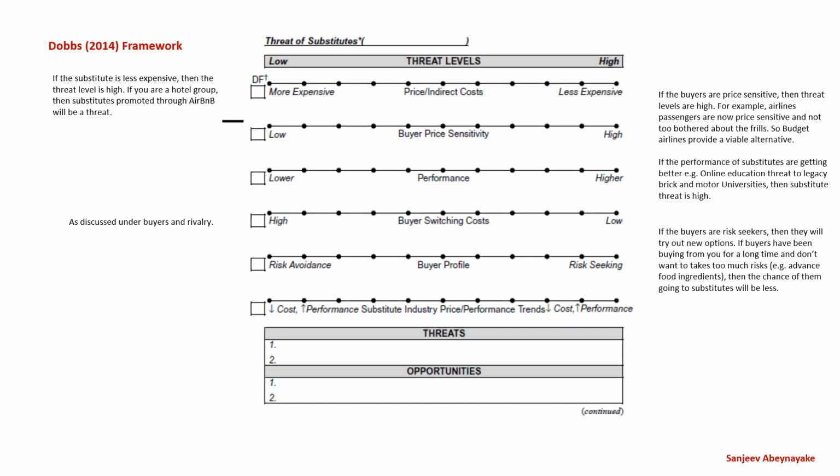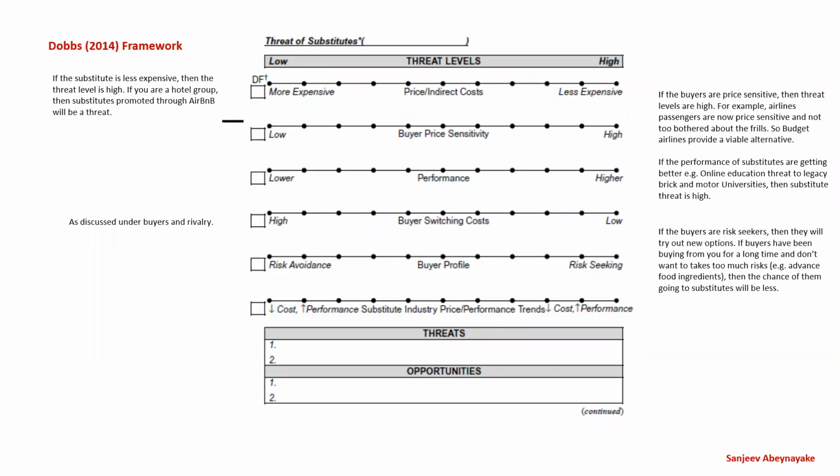For example, if you are a hotel industry player and your substitute is Airbnb, which is much more expensive, then that's not a problem. But if Airbnb is cheaper than a hotel, then the threat of substitution will be very high.